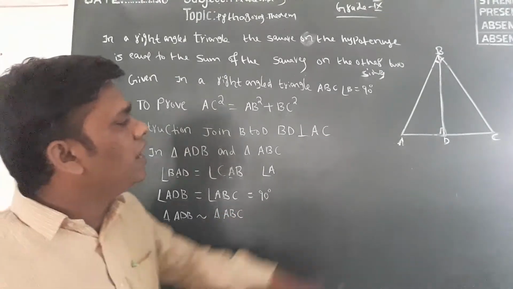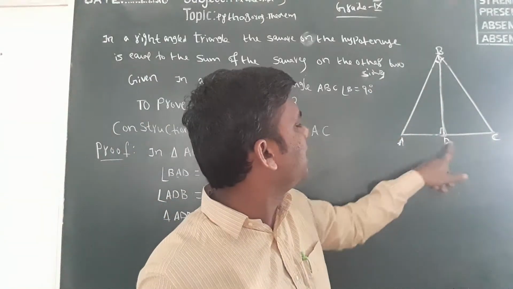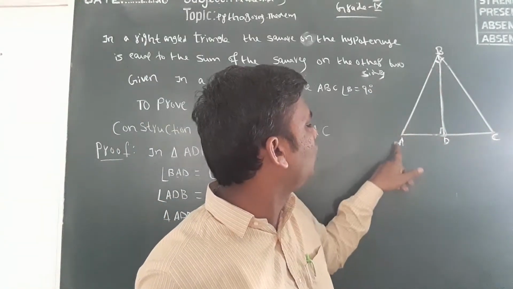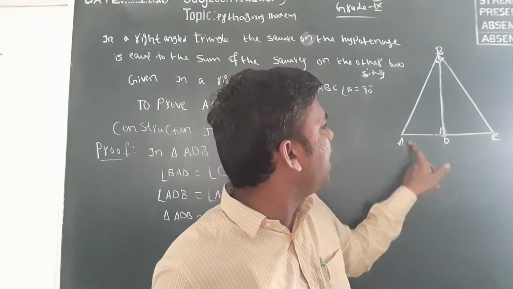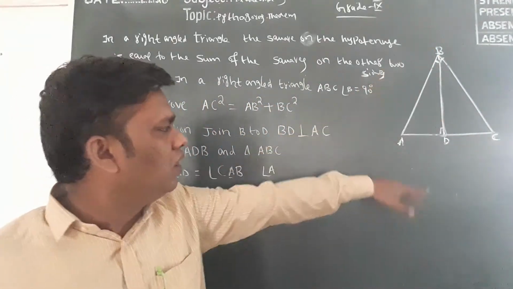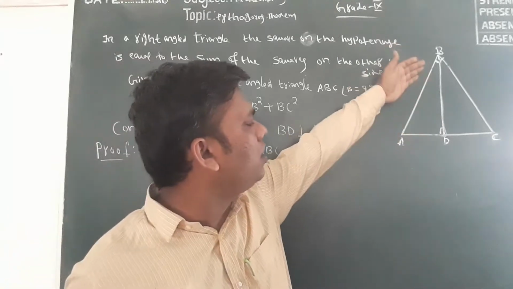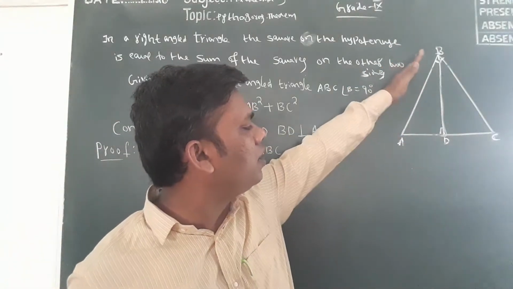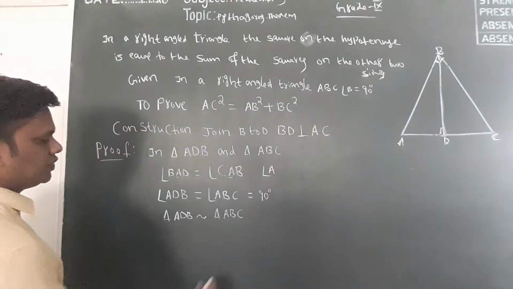See, triangle ADB is similar to triangle ABC. So we can write the proportional sides.